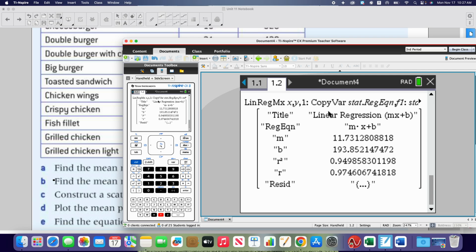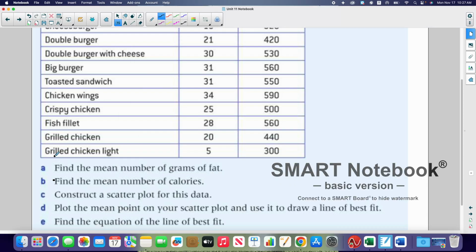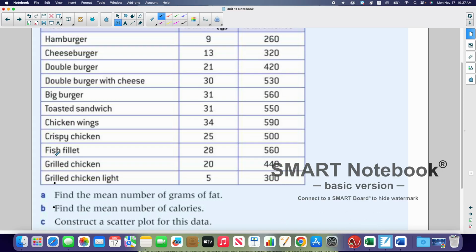Okay, correlation. All right. If I were to ask you to predict, if I gave you the number of fat content and asked you to predict the calories, what values could I use of the fat content? For what values could I ask you to predict?